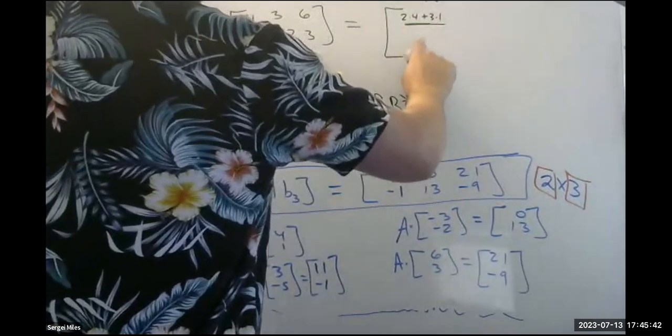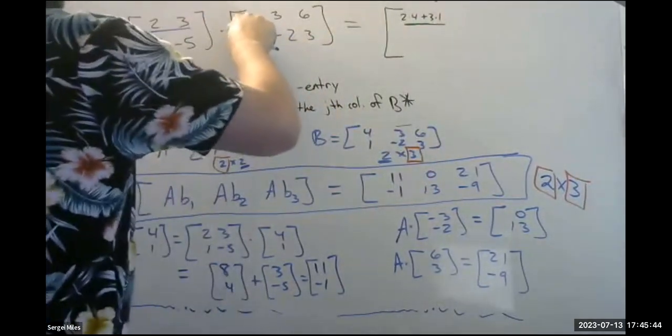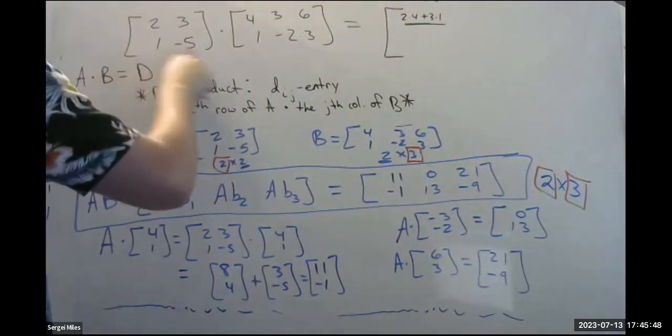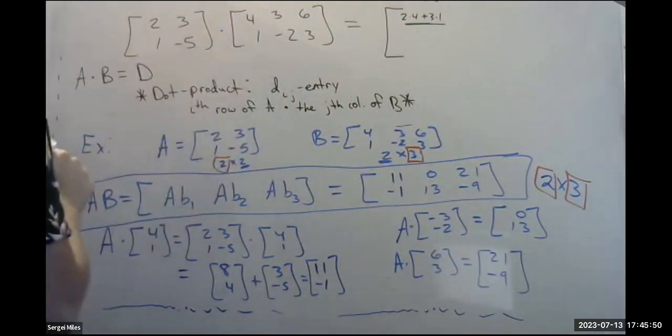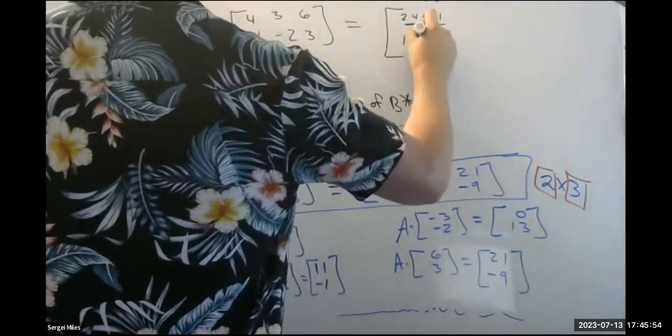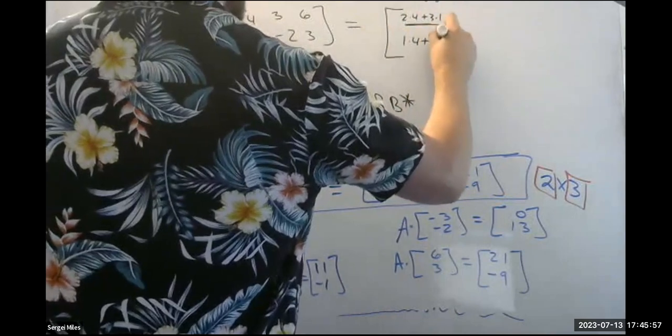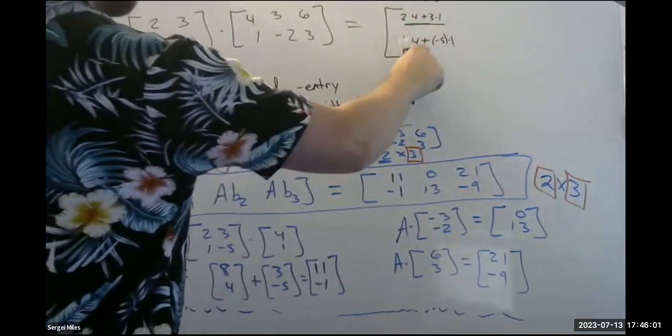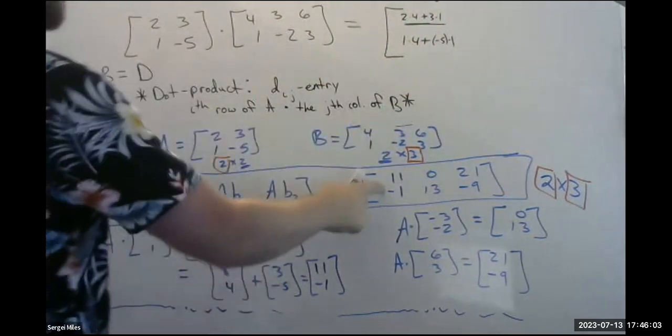To find the second row, first column, well, now I'm taking the second row times the first column. I'm going to have 1 times 4 plus -5 times 1. Does that work? Well, 4 plus a -5 is -1. Great. So I continue filling this out.